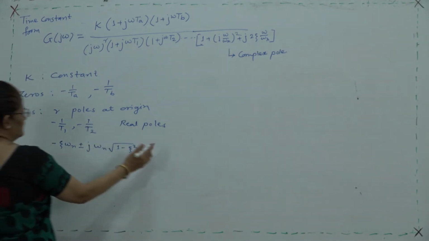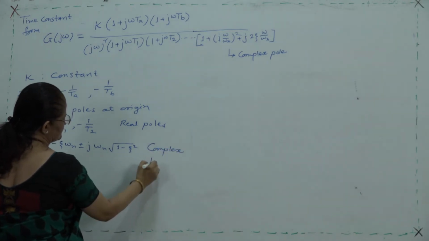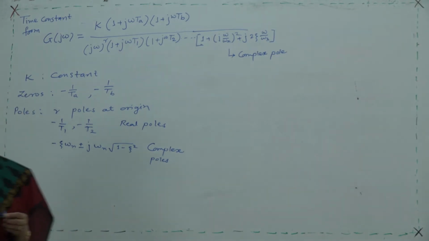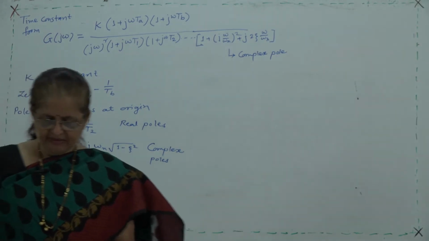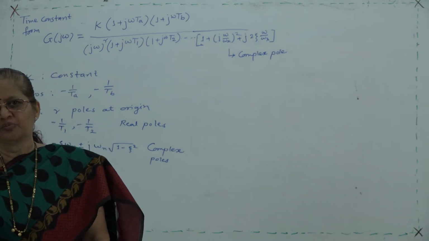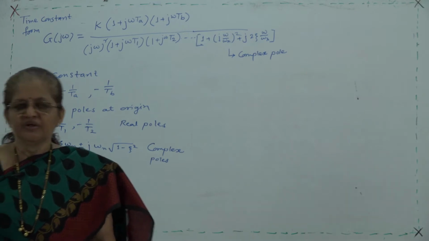So, these are the real poles and this is the complex pole. So, all possibilities we are considering in this general transfer function. Okay. Now, when we want to consider the Bode plot for this particular transfer function, what we are doing?